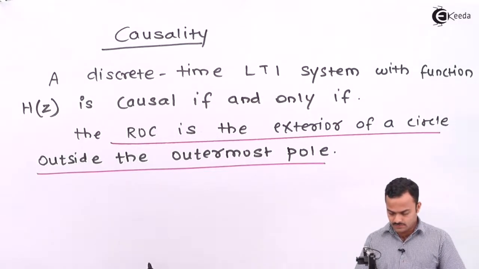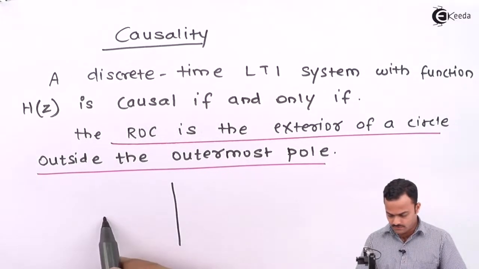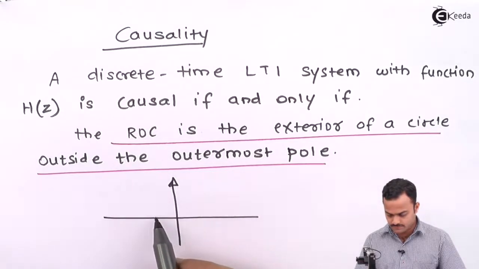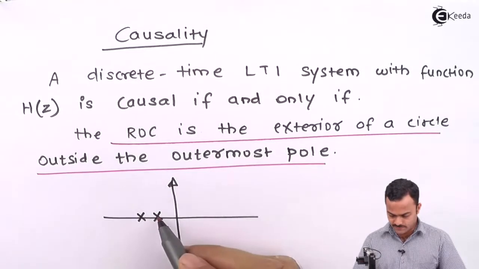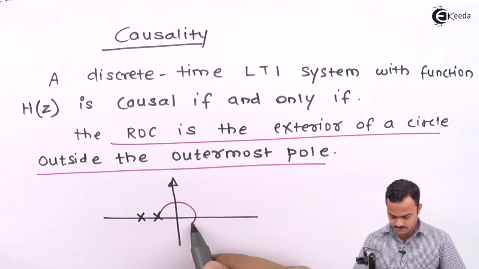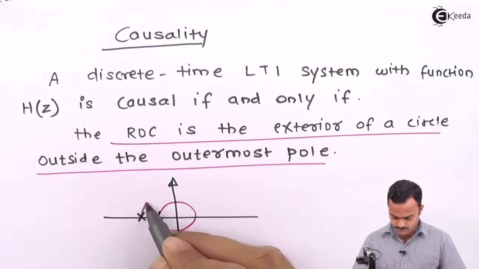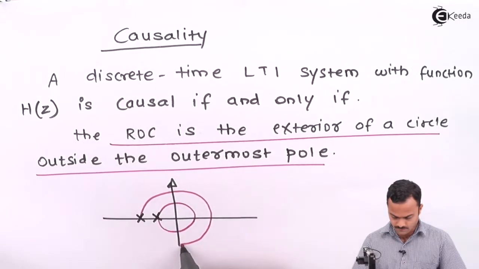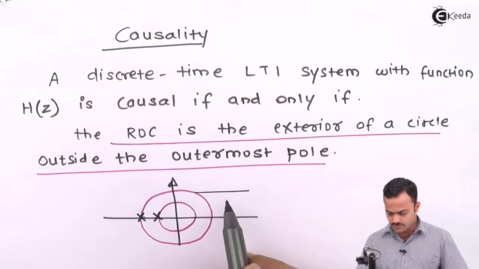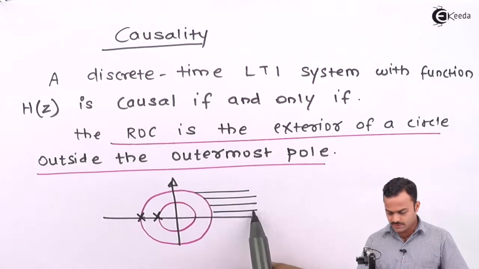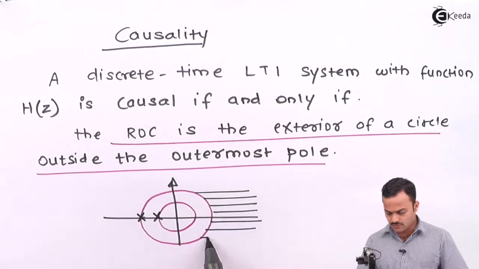Meaning, suppose we are having systems with poles and corresponding circles will be like this. Then as per the definition of causality, we should have ROC exterior to the outermost circle.